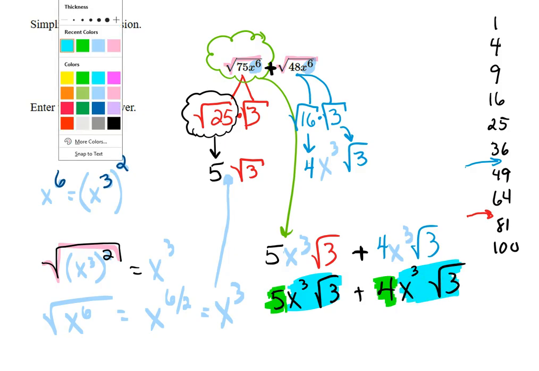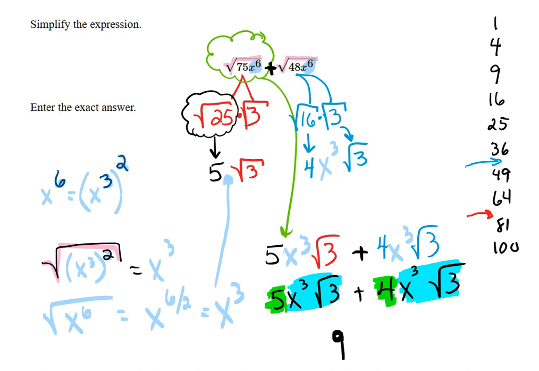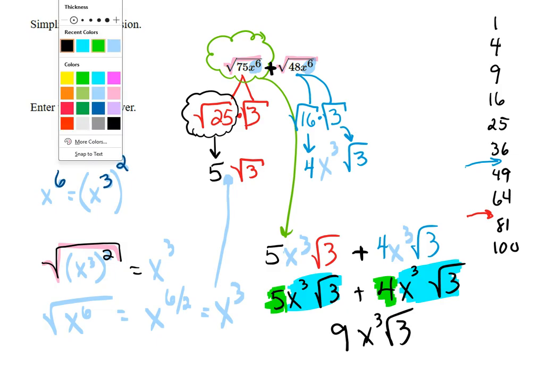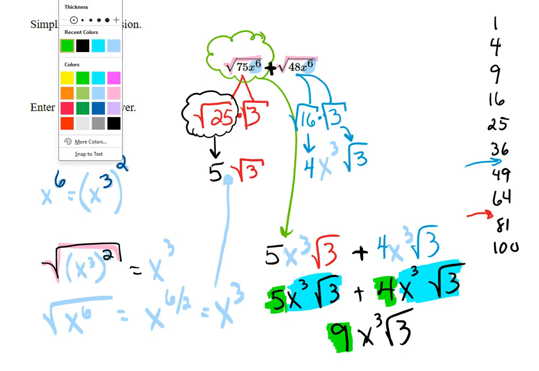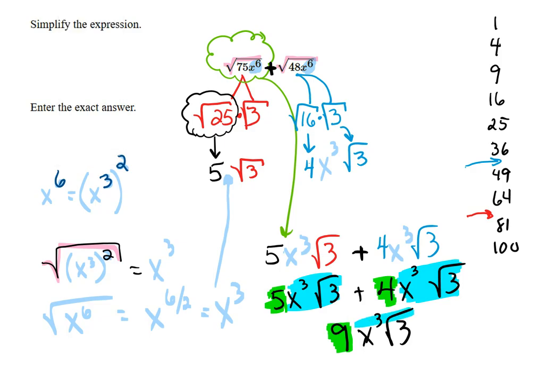So that's going to give me 9. Whoops, did not mean to go with that color. 9x cubed square roots of 3. Let me go back to my green. You're just going to add your coefficients. 5 and 4 gives me that 9, and the rest of it just stays the same.